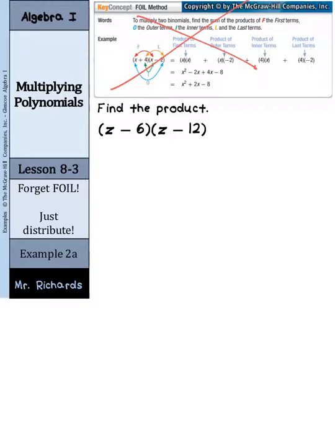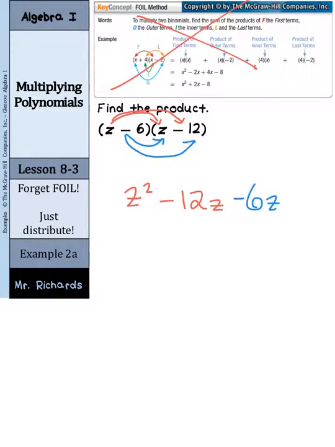And so, if we take the z times the z, that leaves us with z squared. If we take the z times the negative 12, that is negative 12z. Then, if we take this negative 6 times z, that's a negative 6z.